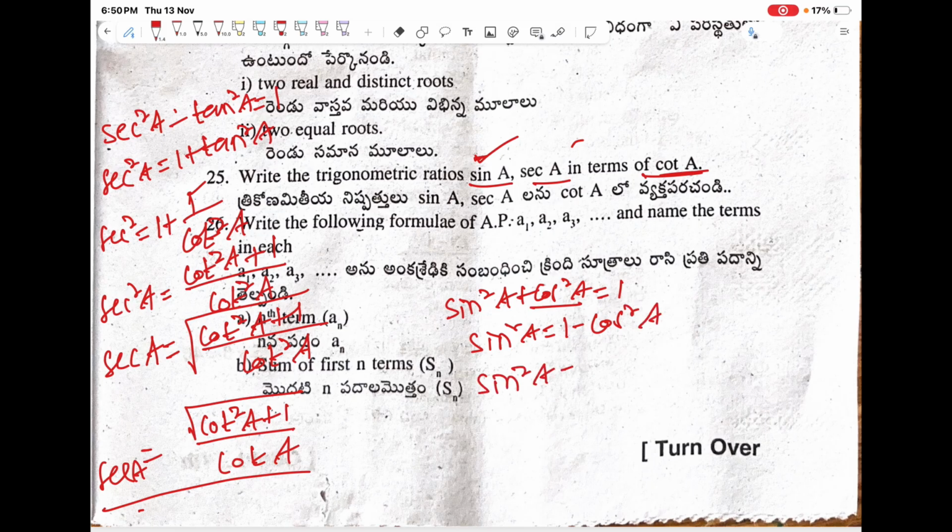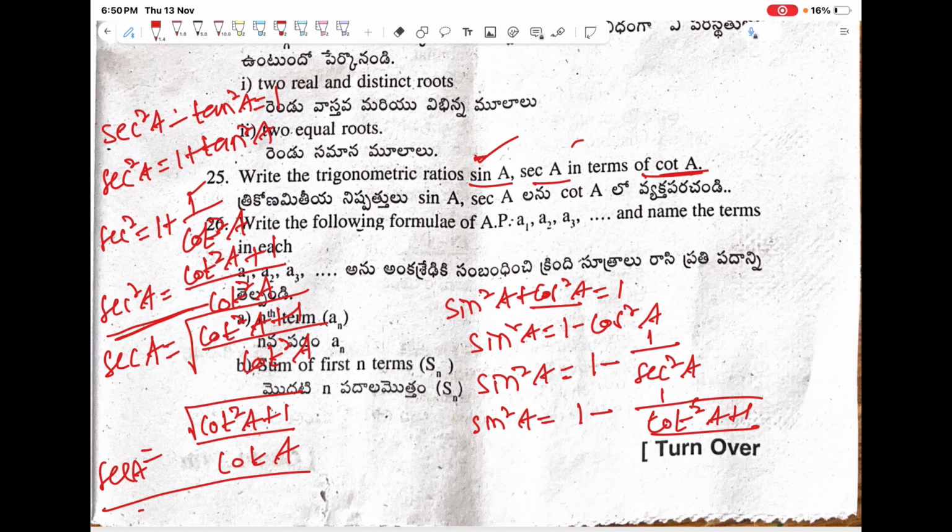So sin square A equals 1 minus cos square A, which can be written as 1 minus 1 by secant square A. The secant square A value you can see here: cot square A plus 1 divided by cot square A.